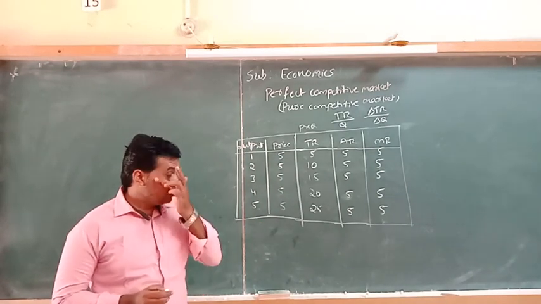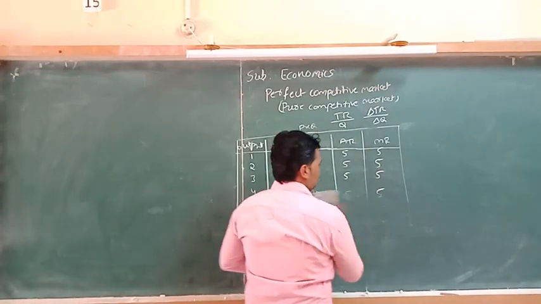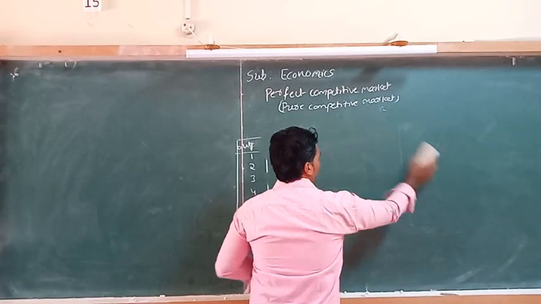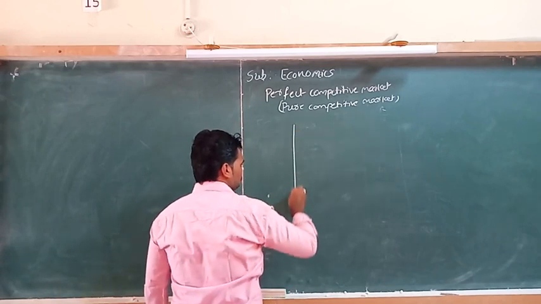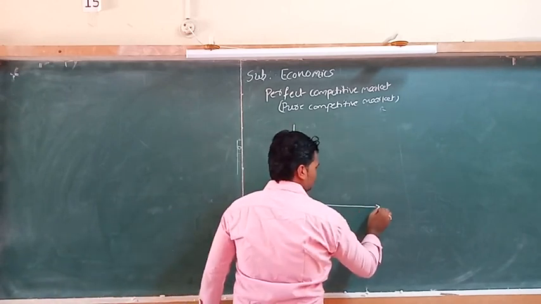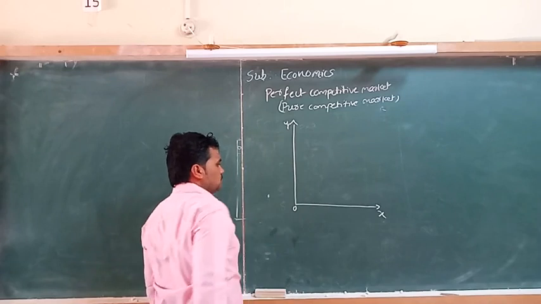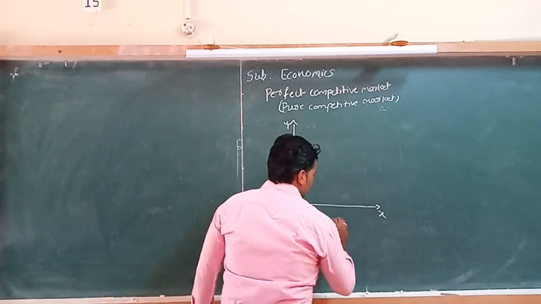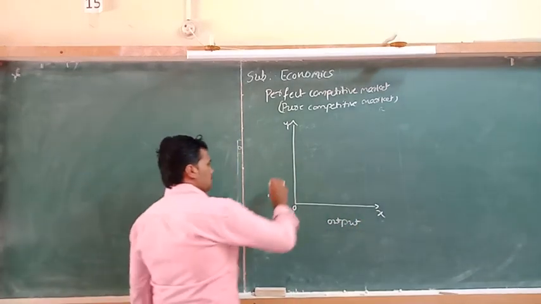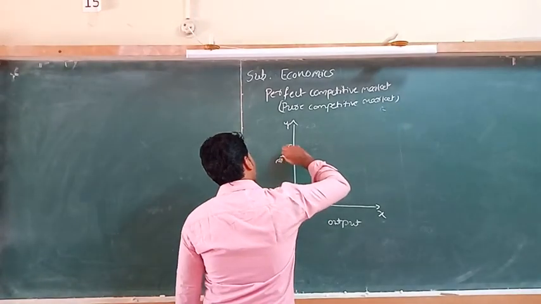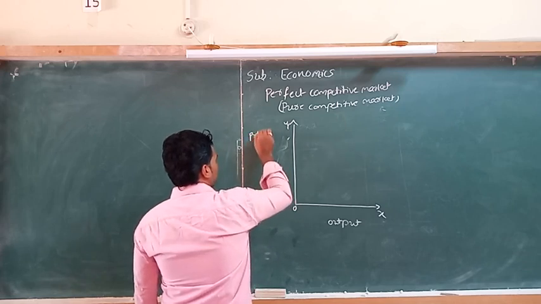Let me show the relationship between TR and MR through a diagram. I will draw the diagram, just observe. X-axis represents output, and Y-axis represents price and revenue.